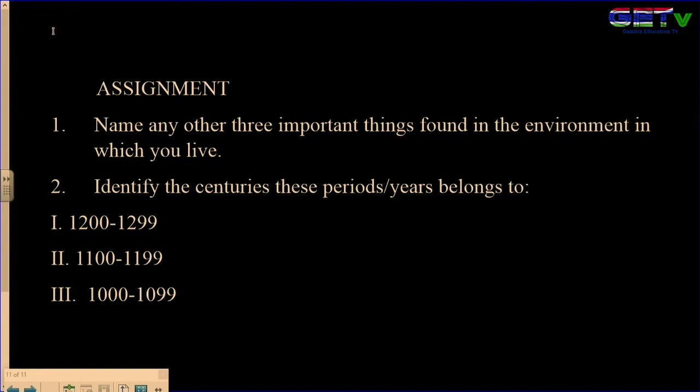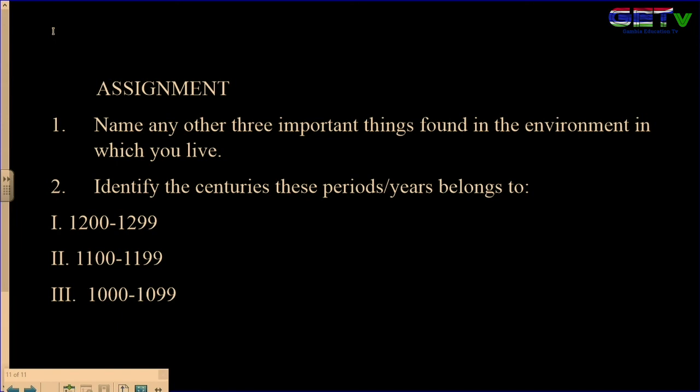Number two, identify the centuries these periods or years belong to. One, 1200 to 1299.